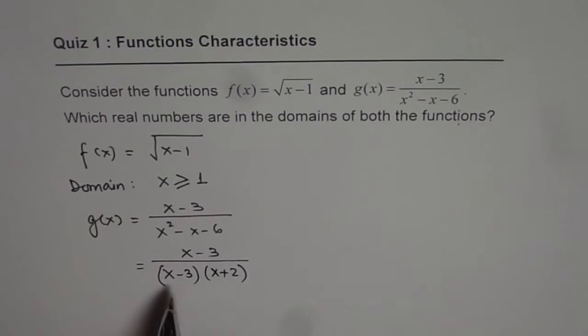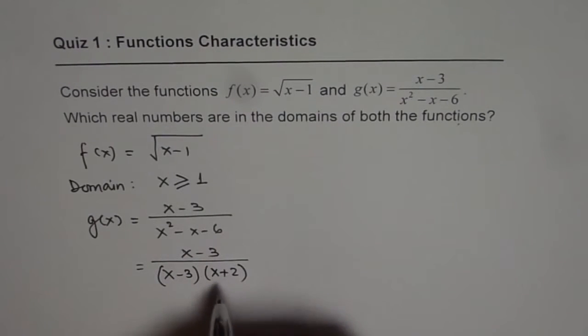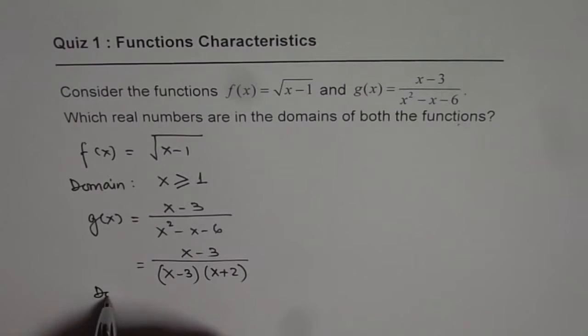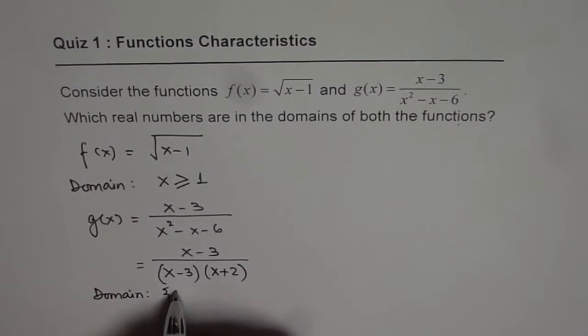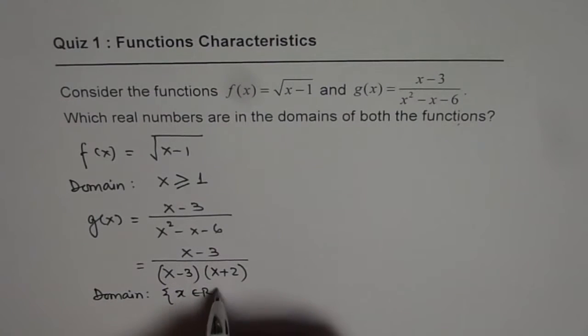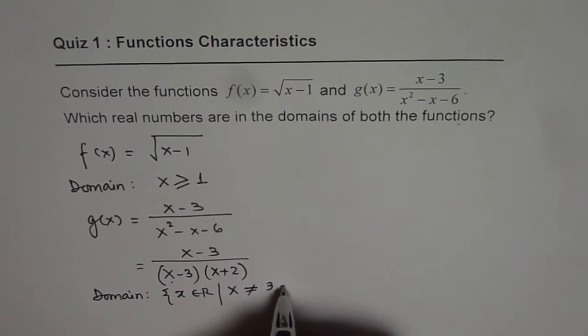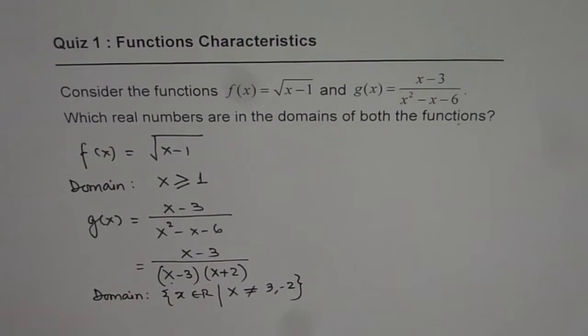So now from here we can write the domain of this function g of x. The domain is x belongs to real numbers, but x is not equal to 3 and minus 2, right? So that is the domain of g of x.